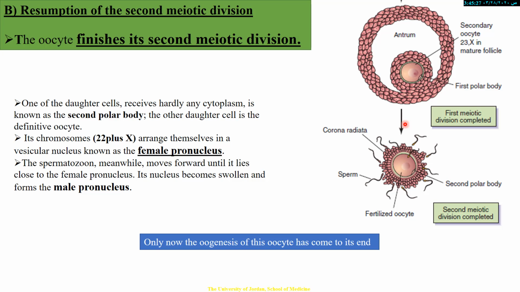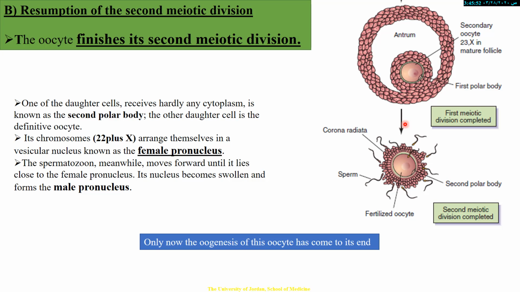We don't have tertiary oocyte. You need to understand this, it is very important. So we have primary oocyte, we have secondary oocyte, but we don't have tertiary oocyte. We do have fertilized egg. So what would happen to the chromosomes?